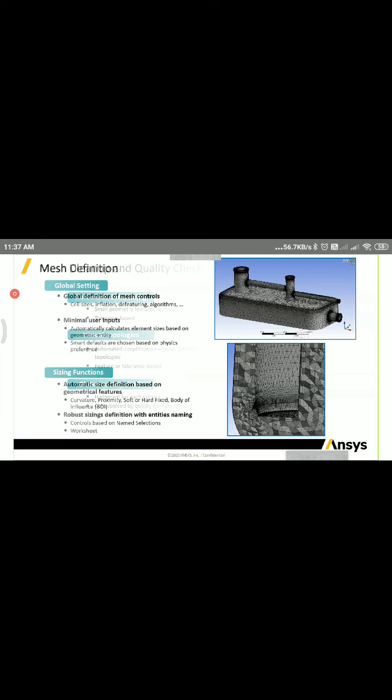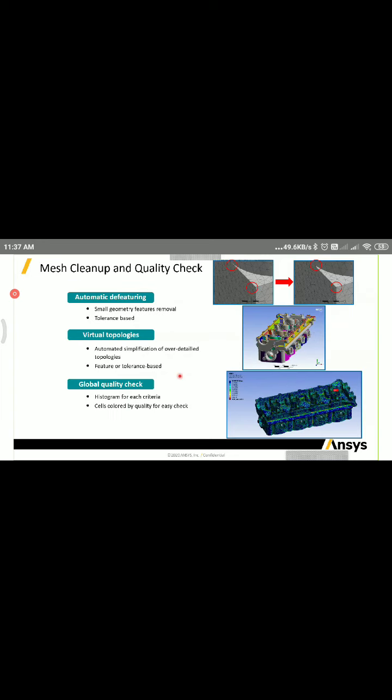Sometimes your geometry cleanup or your geometry modeling will be in such a way that you might have very sharp angles, or you might end up with very small faces or small edges, right? Or it can have issues with some surface topology. So in such cases, you can use the virtual topologies in the workbench instead of going back to the CAD.